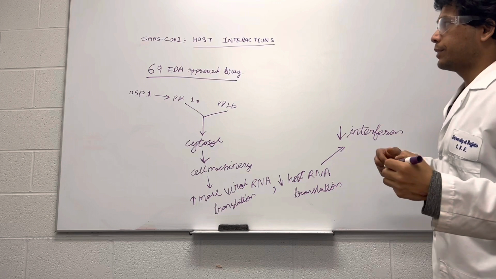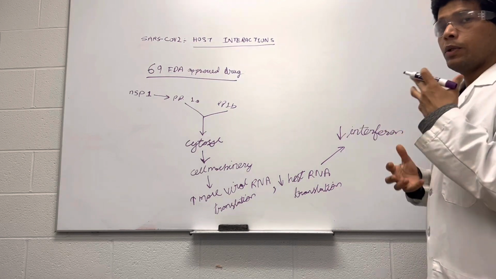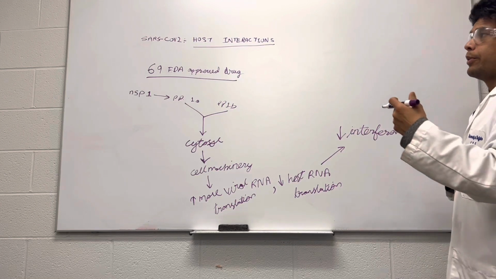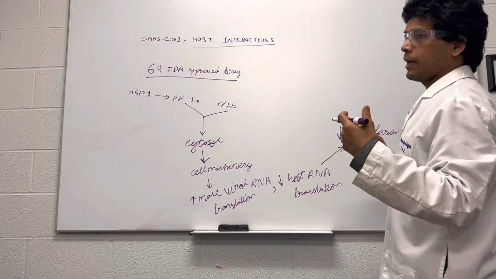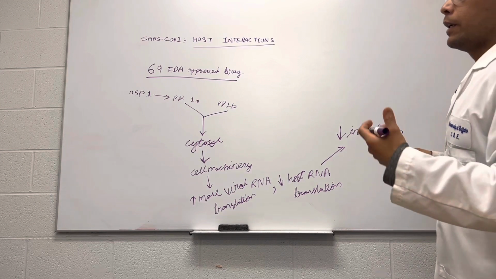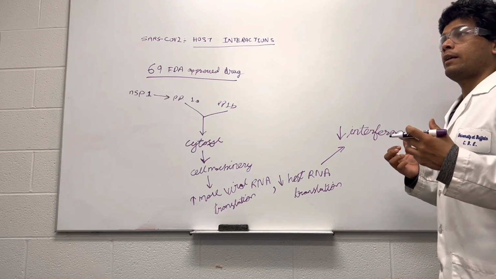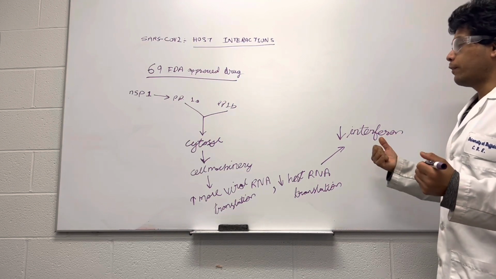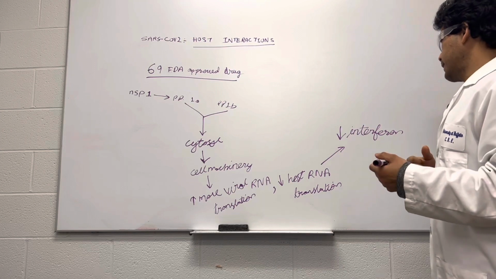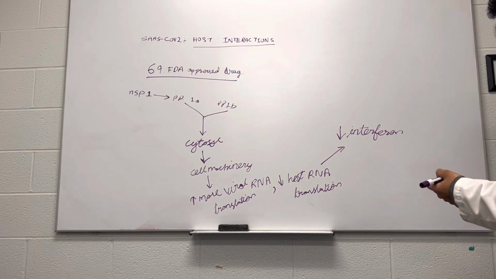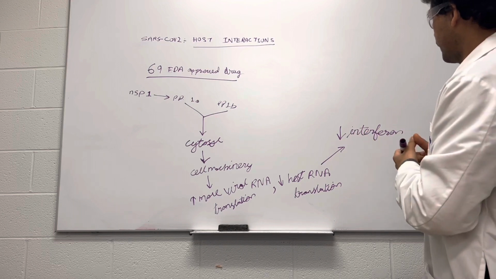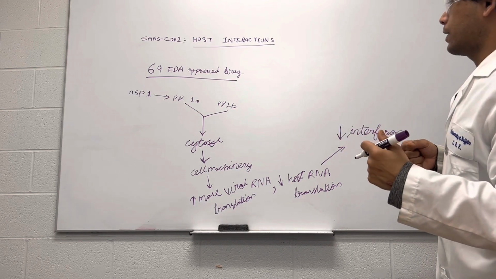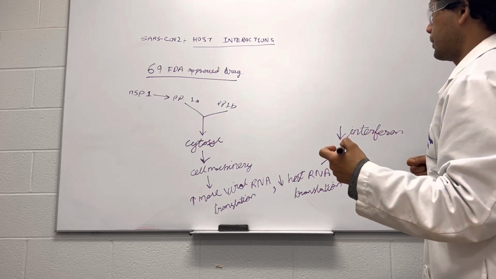And when interferon gets reduced, SARS-CoV-2 will be able to dodge the innate immune system of the cell, as interferons are the proteins that are usually produced whenever a cell interacts with foreign things or the virus. So this is one of the things that people have identified in SARS-CoV-2, how it avoids the innate immune system.